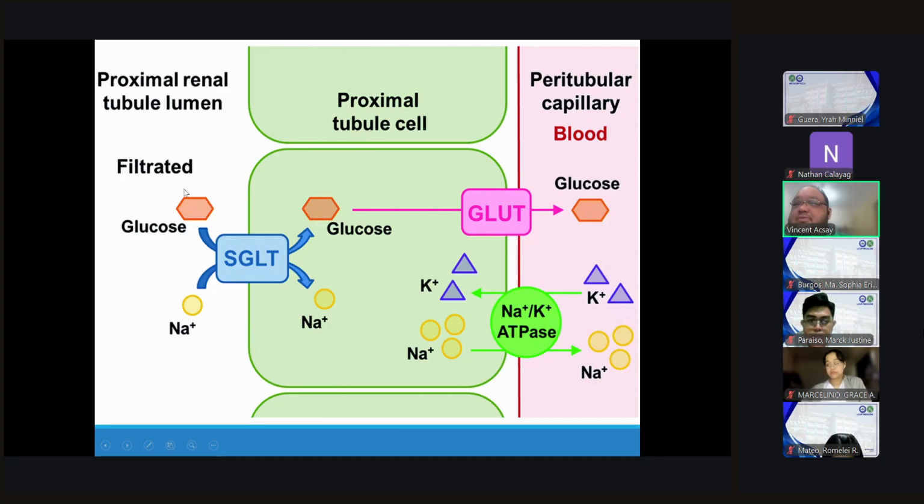So your glucose moves from the urine to the proximal tubule cell, then into the bloodstream by the uniport GLUT transporter. And then to save your sodium, you have your NAK ATPase antiport active transport, moving your sodium back into the blood by exchanging potassium ions out.